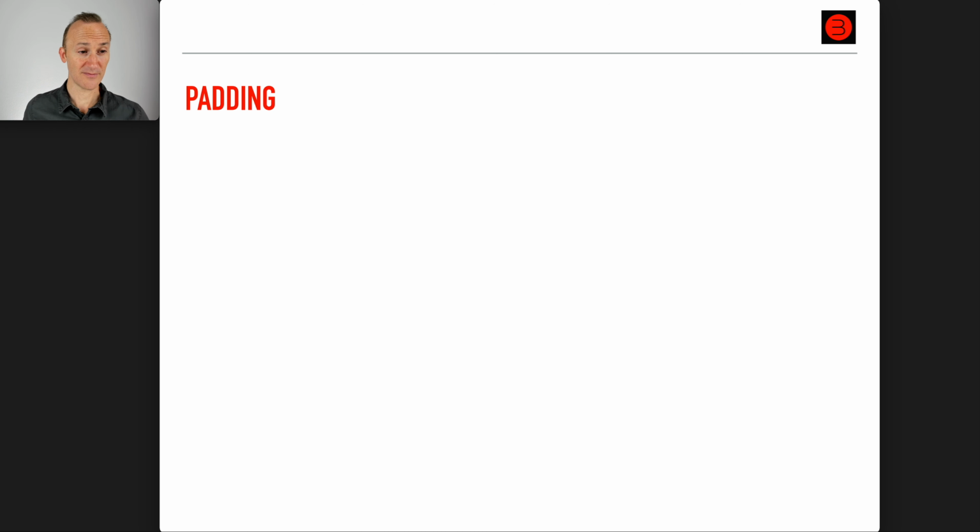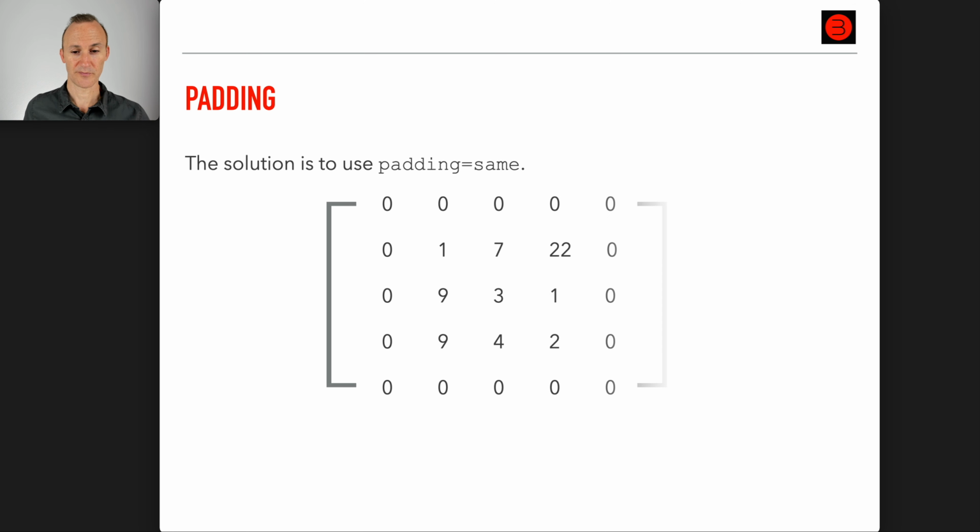And padding is potentially the solution. So you can use padding equals same as a parameter for the convolutional neural networks. And that's what it does. It actually creates a border, and by doing that, the idea of padding equals same is that each pixel will be used in the same number of convolutions.